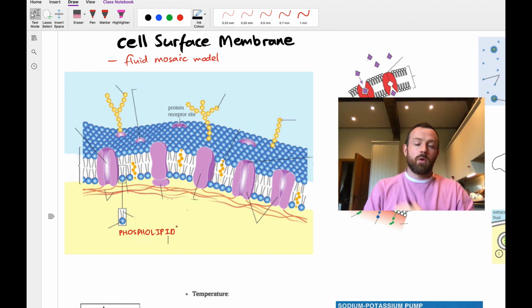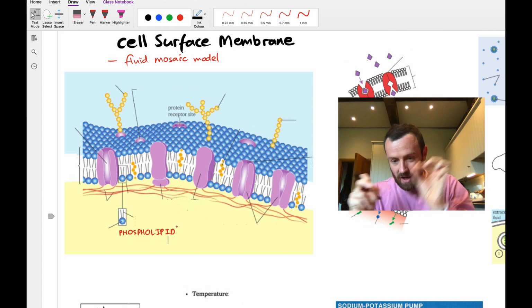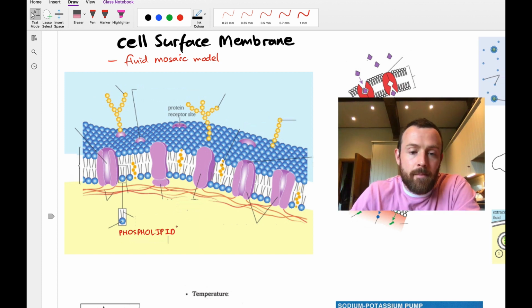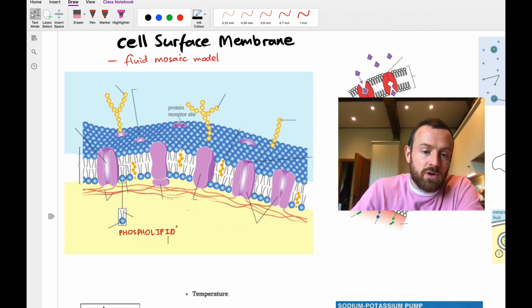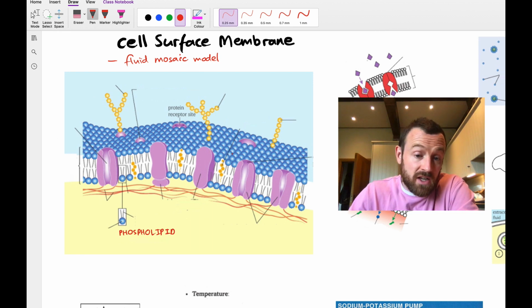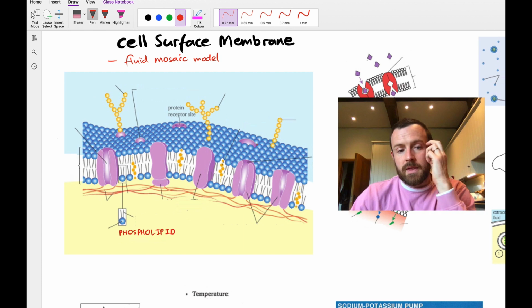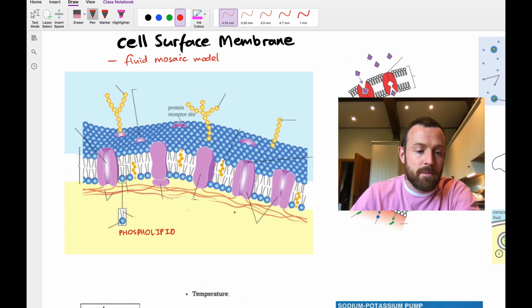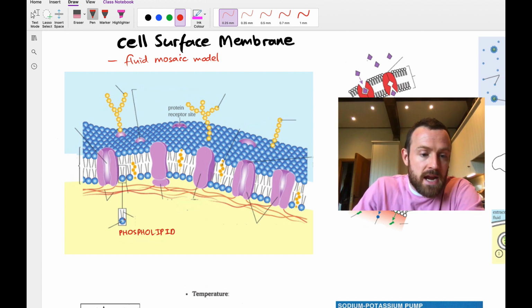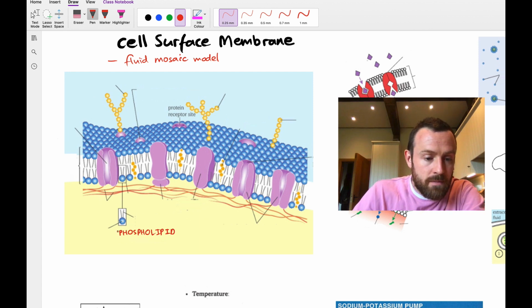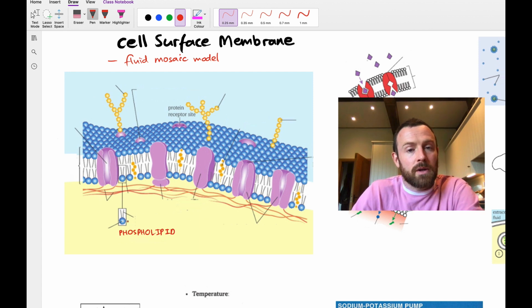A mosaic is a kind of artwork created by sticking lots of little tiles together in a pattern, and that's kind of what a membrane's like. It's got lots of phospholipids stuck together, held together by hydrophobic and hydrophilic interactions, and then there's other things embedded in that membrane.